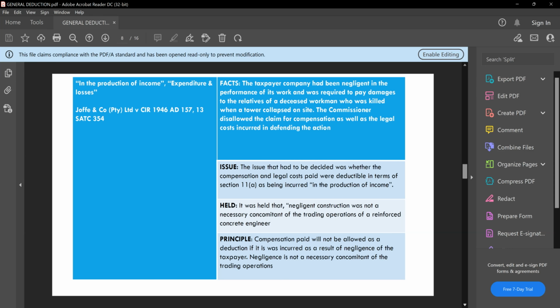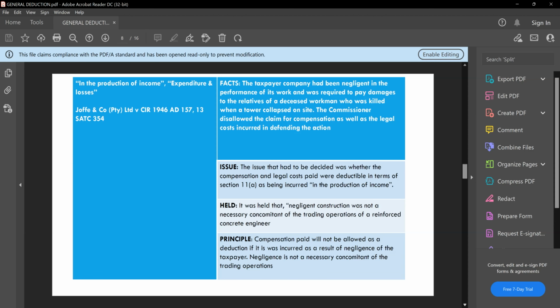So what happened was the company was negligent. As a result, a tower collapsed on site, and an employee unfortunately passed on. So the company tried to claim the compensation, the damages, and legal costs as a deduction, and the court disallowed those claims.